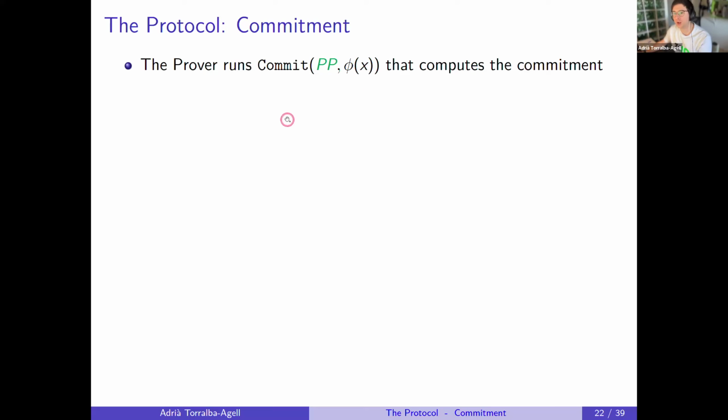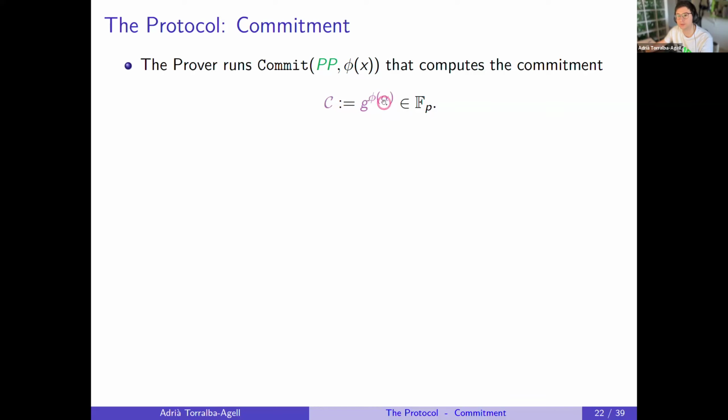Okay, and the commitment, we are going to define as this C, that is G to the phi of alpha.